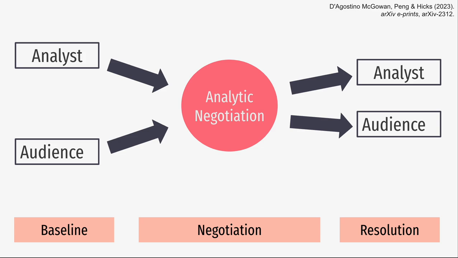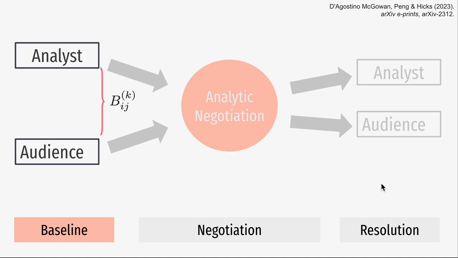I should mention we use this negotiation language, but we don't view this as a contentious thing. Basically, this is an opportunity for the analyst and audience to understand the trade-offs that each party might be considering. And then finally, we have the resolution stage, where both the analyst and the audience can adjust their principle allocations based on the results of the analytic negotiation.